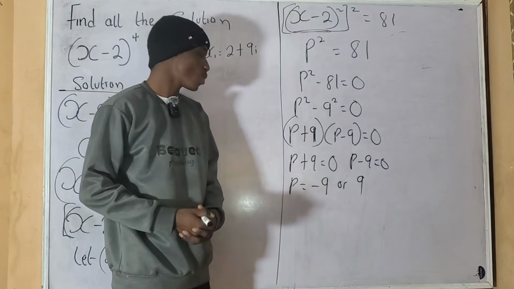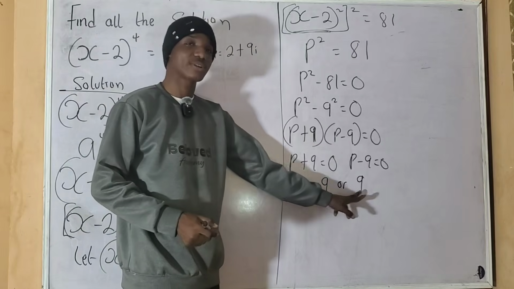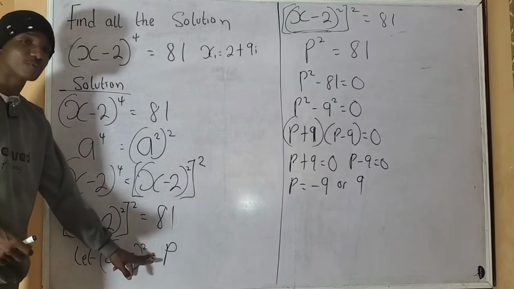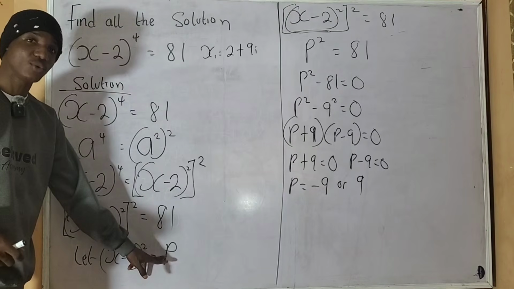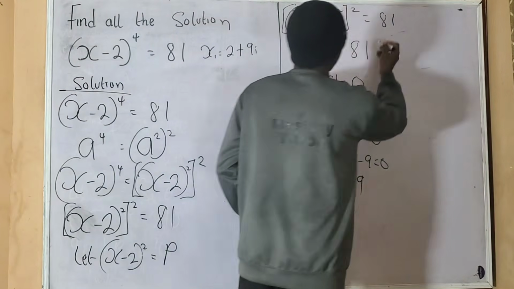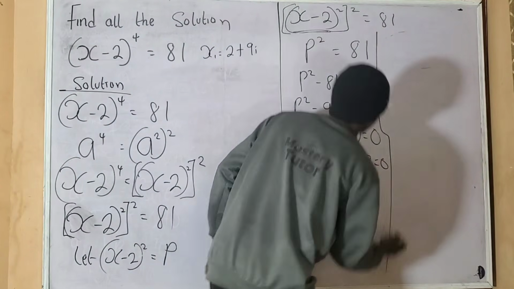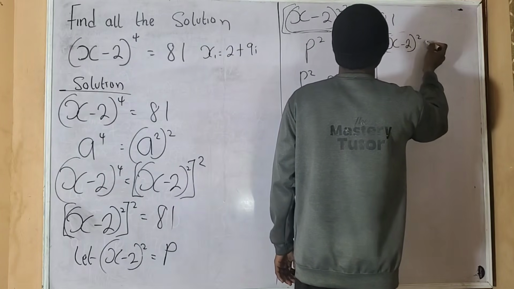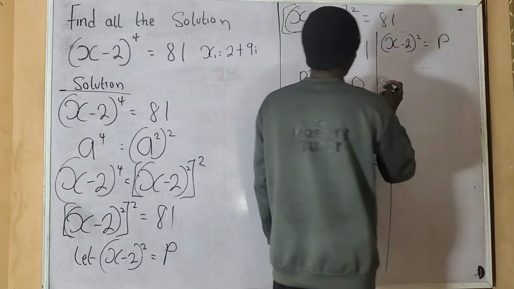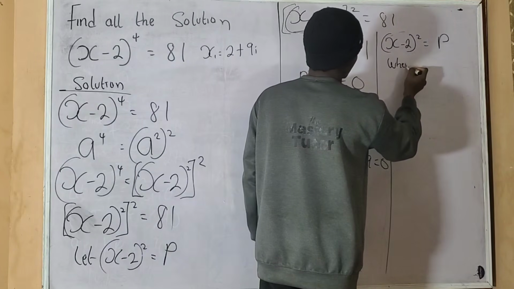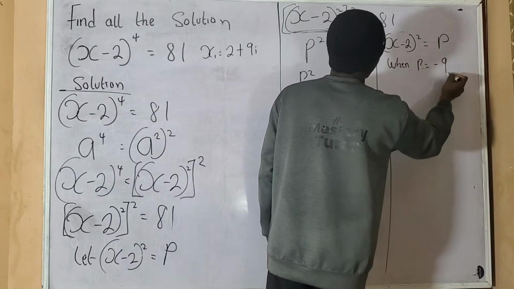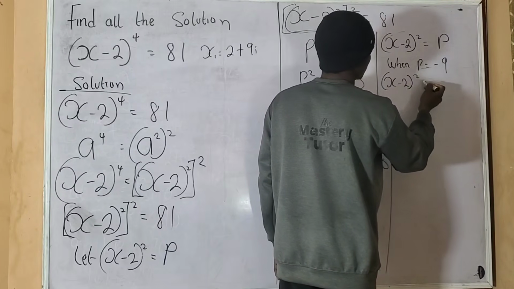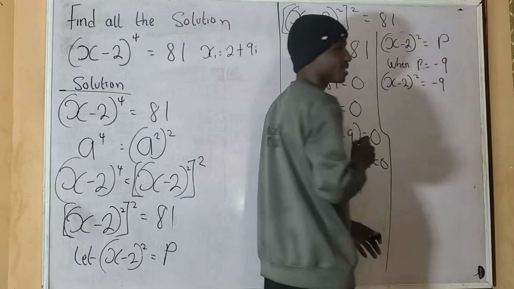Since we've gotten the value of p as negative 9 or 9, recall that (x - 2)^2 = p. So when p = -9, I'm going to have (x - 2)^2 = -9, right?